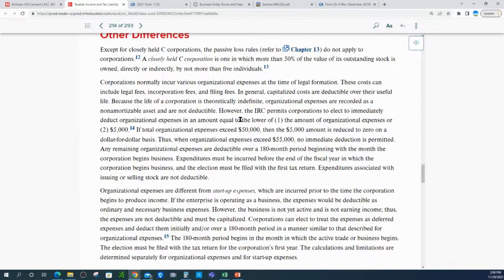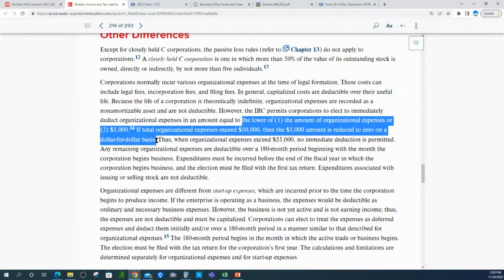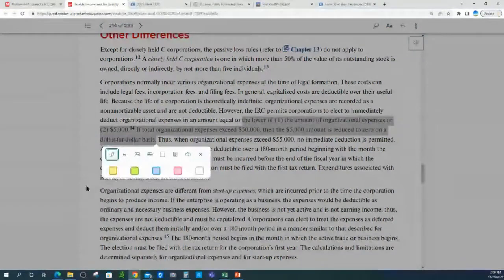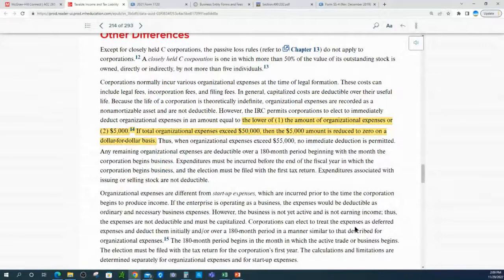So once your organizational expenses get to $55,000, then you don't get an immediate write-off. You still get the expense to deduct, but it's in the form of amortization, and it's spread out over 15 years. This is to prevent people from spending a whole bunch of money on these expenses but then never actually making any money in your business.